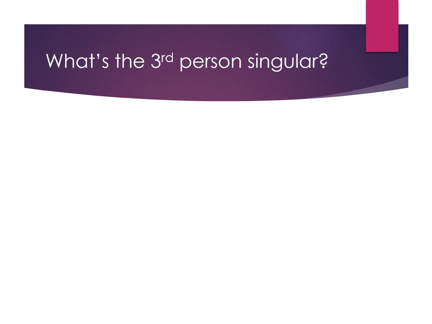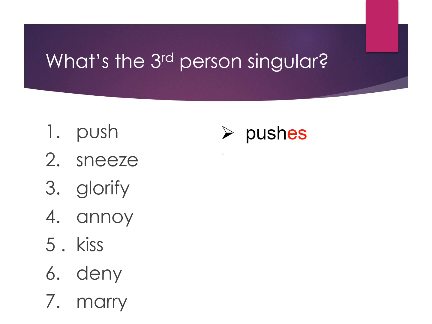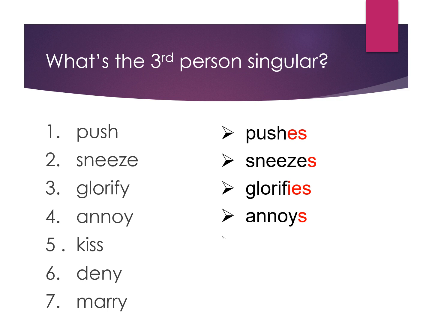So here we have some other examples of how the main verbs may change when using the third person singular. As you can see here, we have our first word, which is push, which would be pushes. Sneeze, which would be sneezes. Glorify, which would be glorifies.